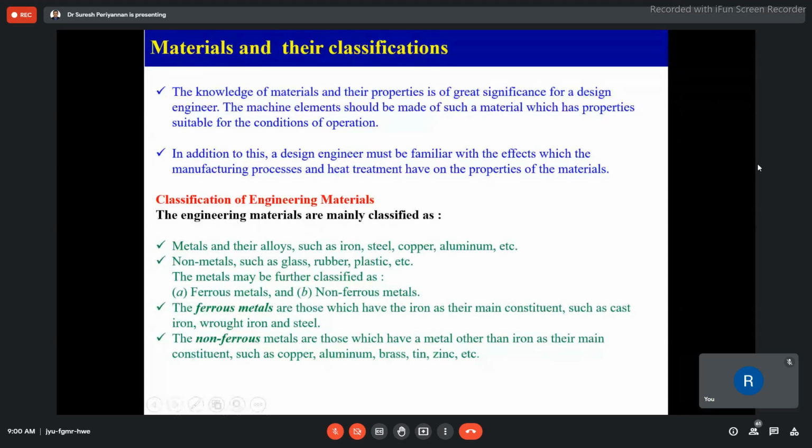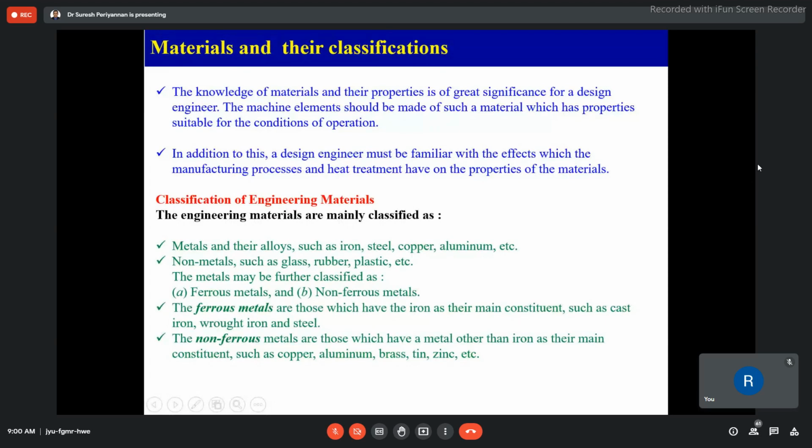Okay, the classification of engineering materials we discuss very briefly here. Metals and their alloys we can classify such as iron, steel, copper, aluminum. We are using a lot of cast irons, I mean gray cast iron, white cast iron, malleable cast iron. These are very important cast iron groups. And we are using a lot of steels, I mean SS steel 304, SS steel 316, SS steel 308.